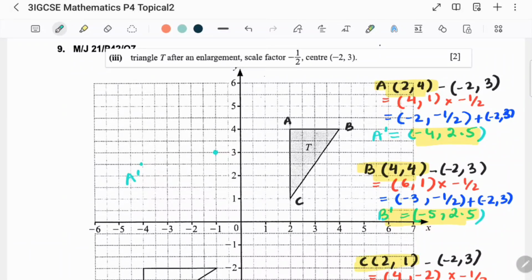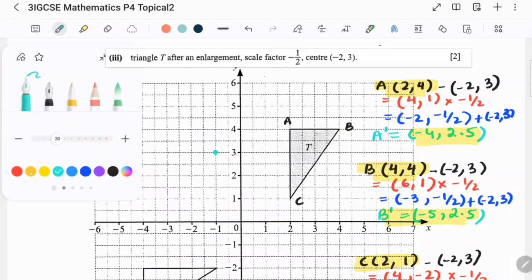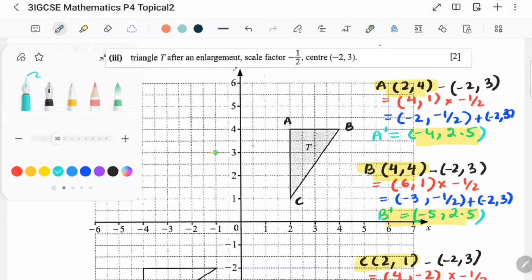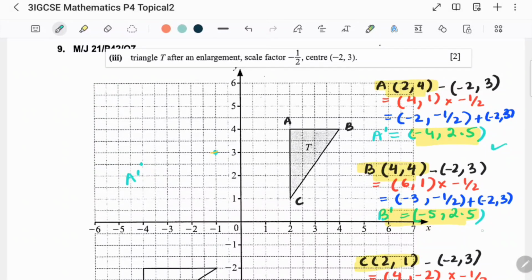Let's see what happens whenever you join it. Just look at the diagram. So they are connecting. This is your first point. The second point, we have drawn this one, minus 5 and 2.5.